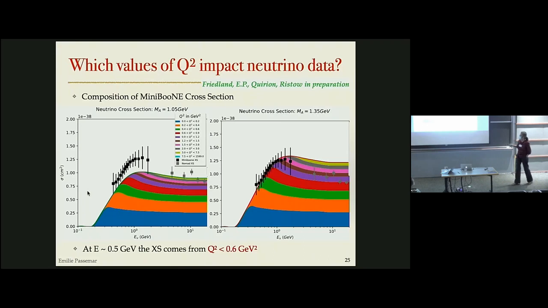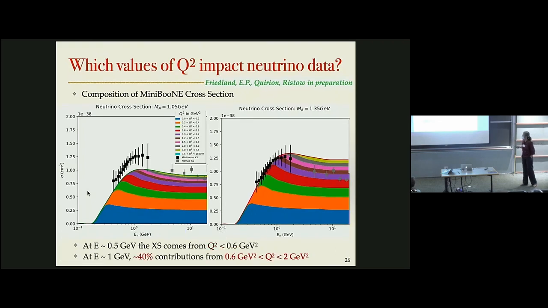And we see that at an energy, for instance, of 0.5 GeV, the cross-section comes mainly from Q-squared below 0.6 GeV squared. That means lattice QCD has to focus on very low Q-squared to be the most precise and make an impact on, for instance, predicting the MiniBooNE cross-section.